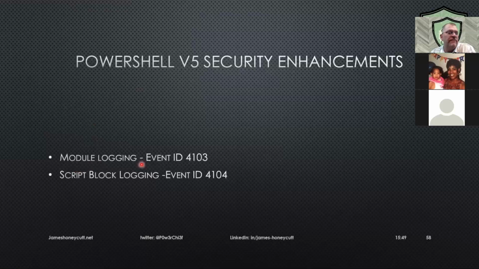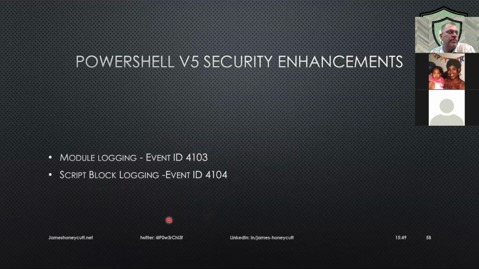I talked about we have module logging and script block logging. These are the event IDs you want to look for, which are kind of nice because they give you the full command line execution. So similar to using Sysmon with the Krebs configuration, you can get that right here for PowerShell, right?